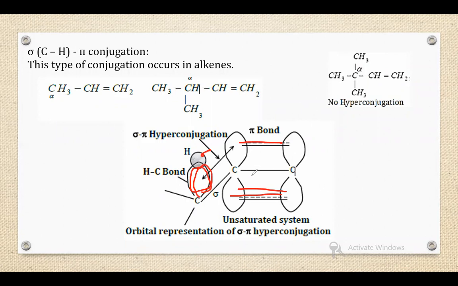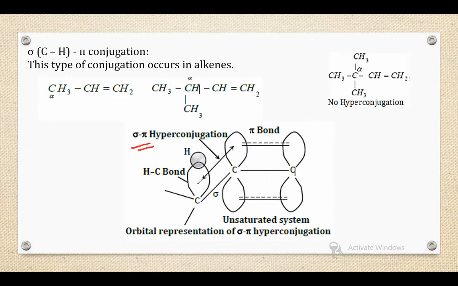Unsaturated means one sigma and another pi, a double bond. Between them there will be bond formation with the bonded hydrogen, so it will not move away or be free. It stays inside the p orbital. This is the orbital representation of sigma and pi hyperconjugation.